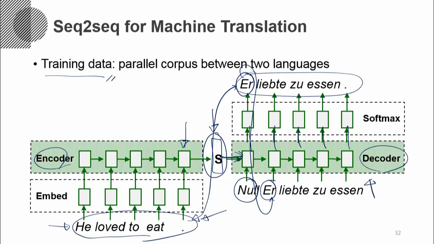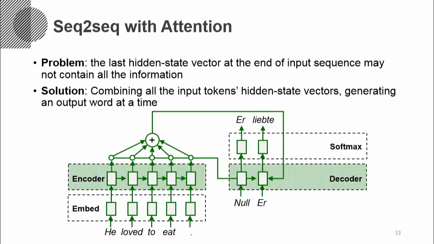But in machine translation, we may have to look at a different part of the source sentence to generate the corresponding word in the target sentence. That way we can apply this attention module in this sequence to sequence mechanism.